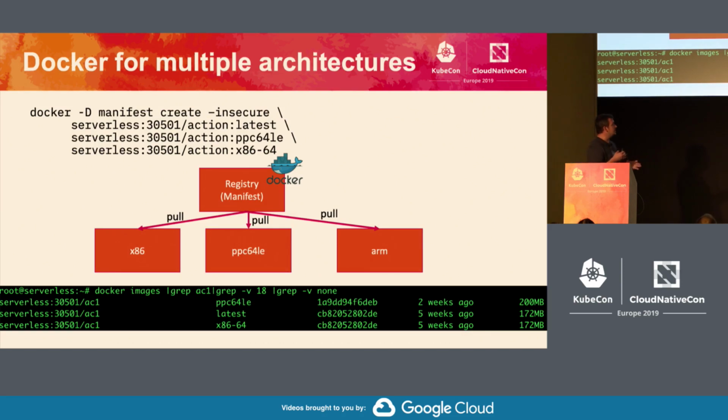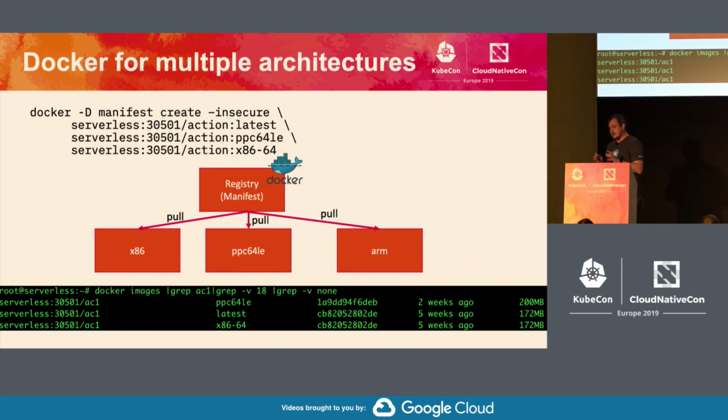Okay, and if I have a mix of architectures, and if I want to create Docker images which will be started on all of these architectures, I should create a Docker manifest. Who heard about Docker manifest?